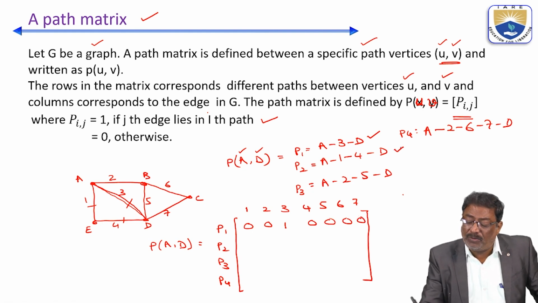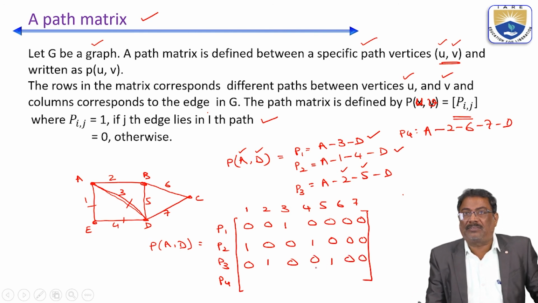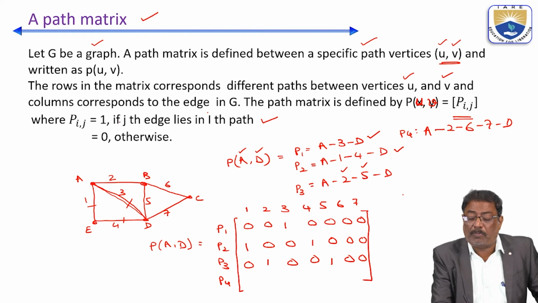Then for P2, edges 1 and 4 will be there. The remaining edges will not be there. For P3, edges 2 and 5 will be there, so the respective positions 2 and 5 are taken as 1 and the remaining are 0, as no other edge lies on that path.